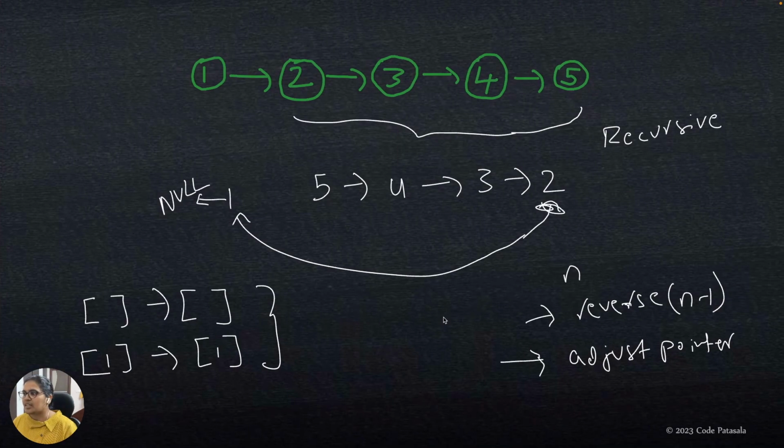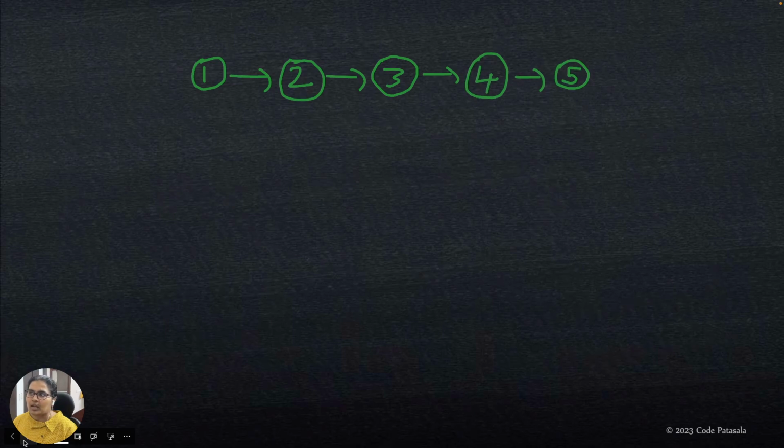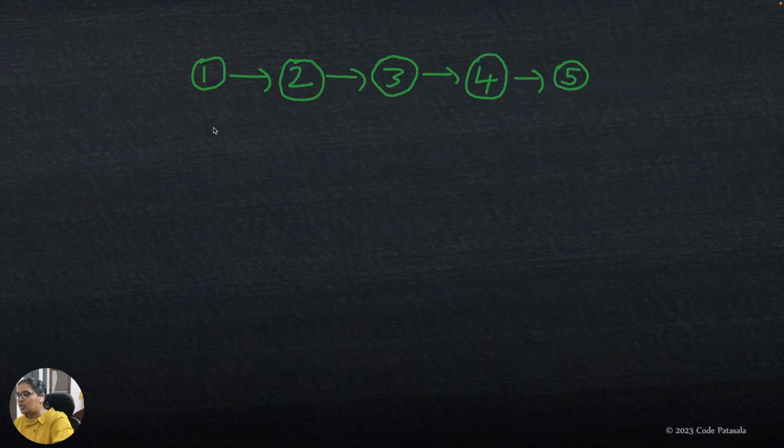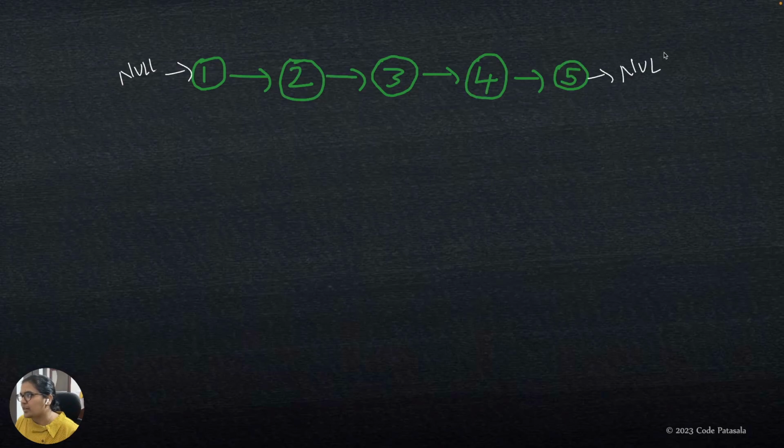In the iterative solution also, let's take the same linked list as an example. To help us understand this better, I'll think of another previous pointer here. There is nothing before it, so it's just null. And the end of the list obviously has a next pointer.